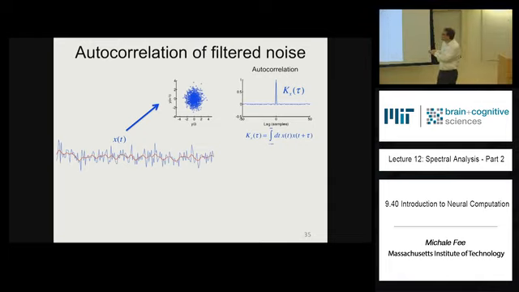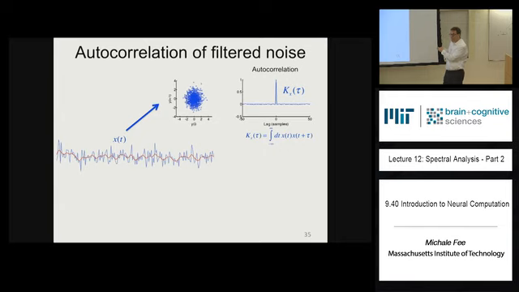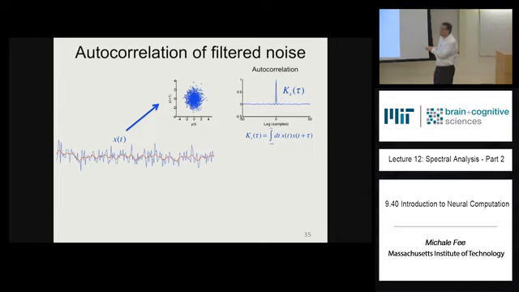If we look at y for the red signal, y of i and y of i plus 1, what does that look like for the red signal? They become correlated with each other, right? Because each value of the smooth signal is some sum over the blue points, right?